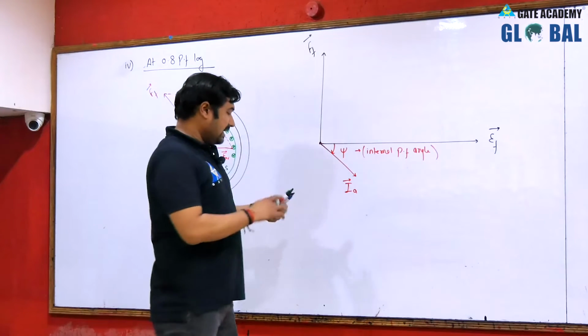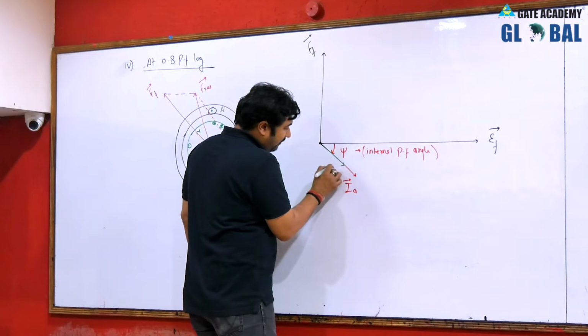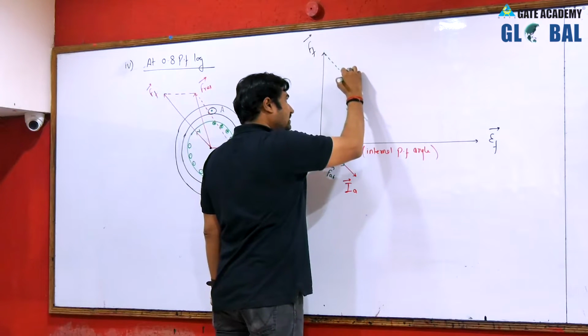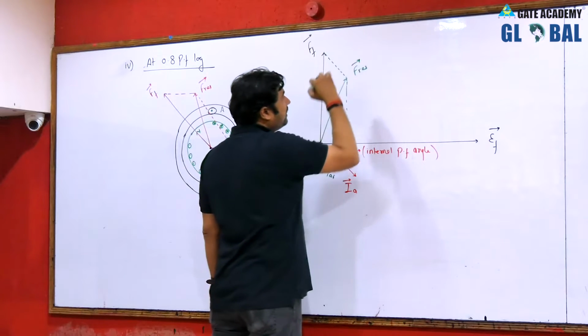So if this is your IA, then in phase of IA we have armature MMF, and armature MMF and field MMF phasor sum can be represented here as F resultant.